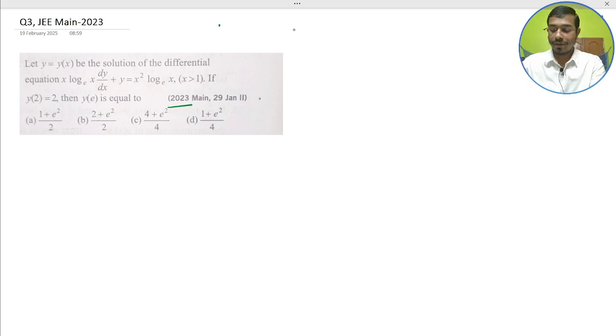The given differential equation is x log x dy/dx plus y equal to x square log x.